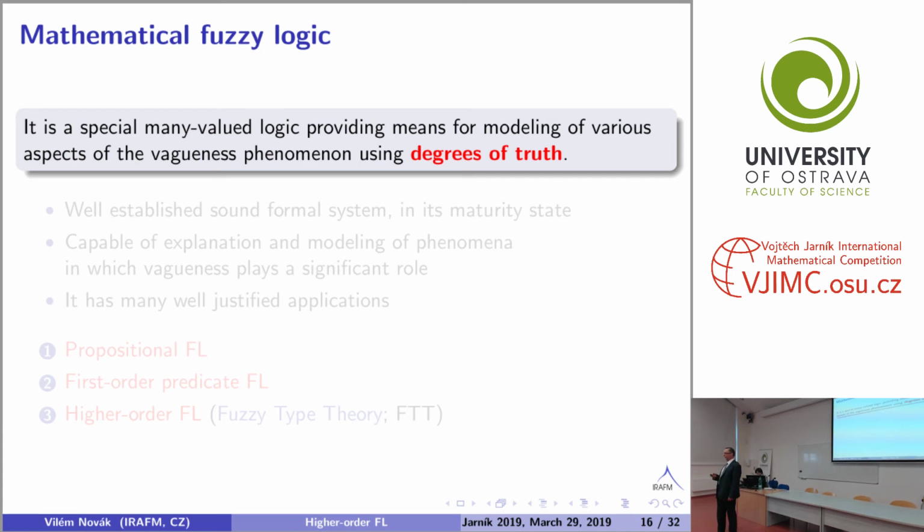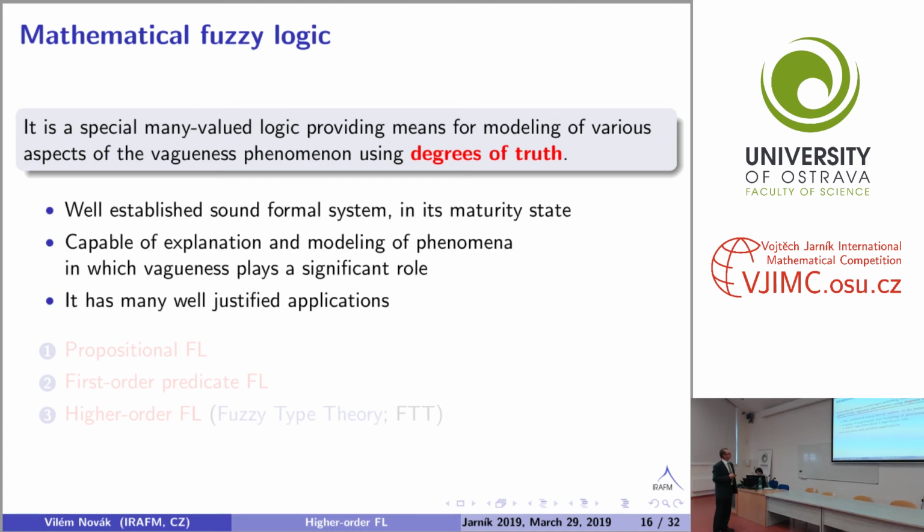And I will, at the end of my talk, show you how this mathematical logic can model the Sorites and Falakros paradoxes. This is a well-established sound formal system. It is capable of modeling phenomena in which vagueness plays a significant role, and it has many well-justified applications. I can demonstrate that this is really true.